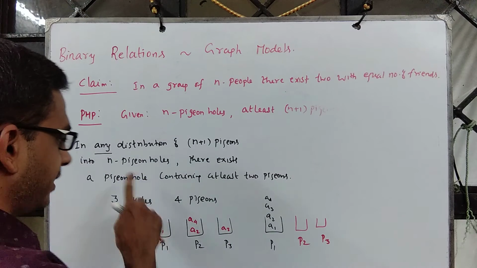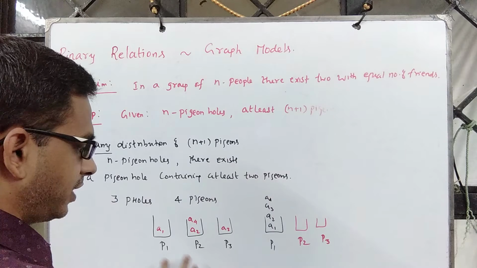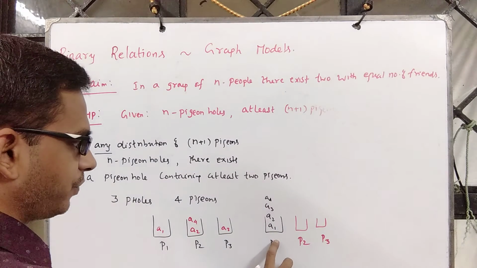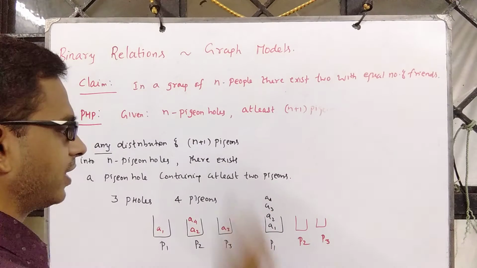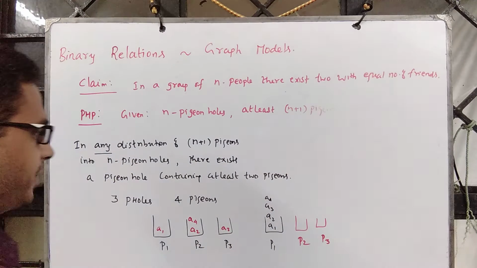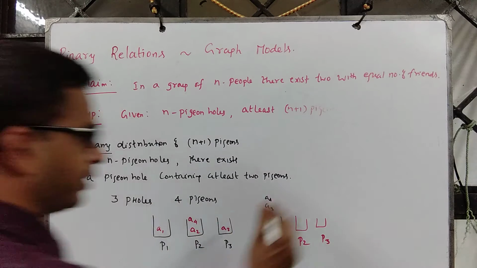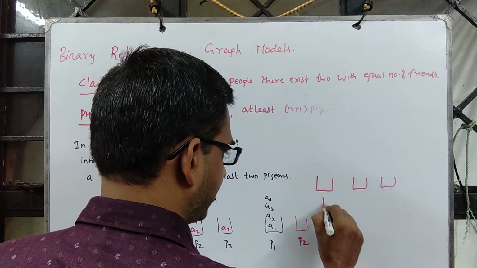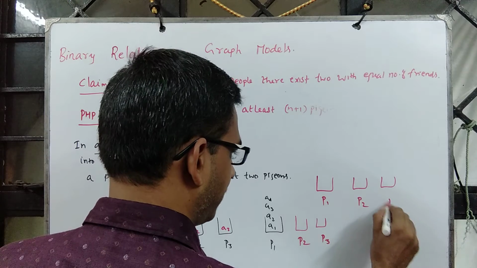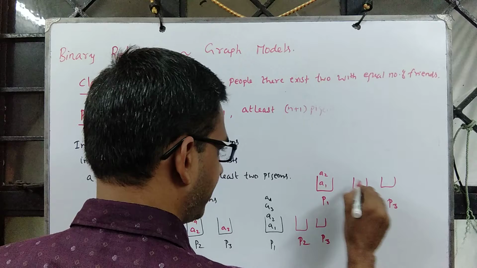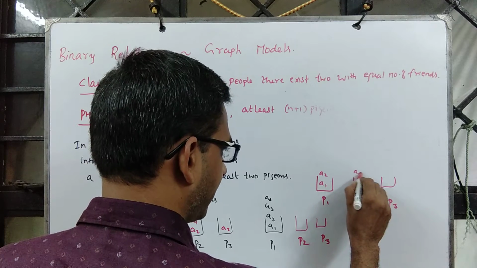Fine. It says in any distribution, and you can come up with any distribution, you see that there is at least one pigeonhole containing at least 2 pigeons. I am only saying at least one pigeonhole, meaning you can even come up with a distribution. So you see that P1, P2, P3, I may place A1, A2 here and A3, A4 here.